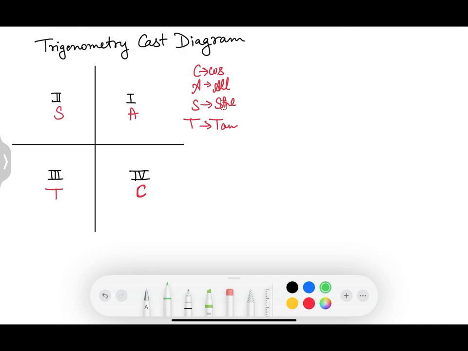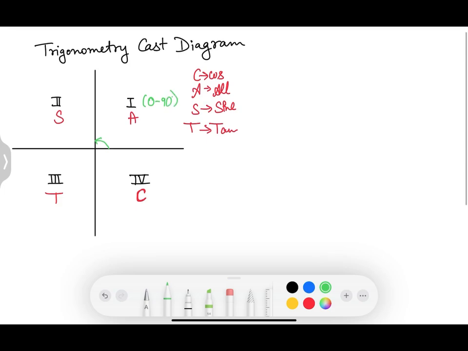Now let's see this. In the first quadrant, all the trigonometric ratios will be positive. The first quadrant lies between 0 to 90 degrees. The second quadrant lies from 90 to 180.